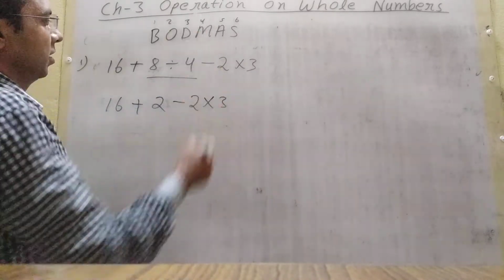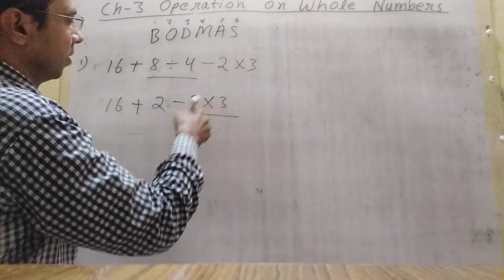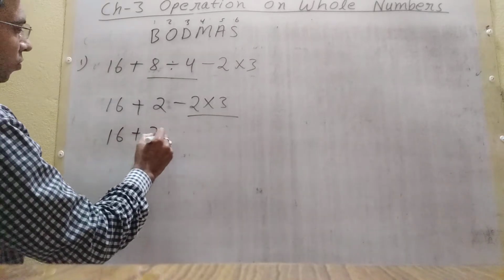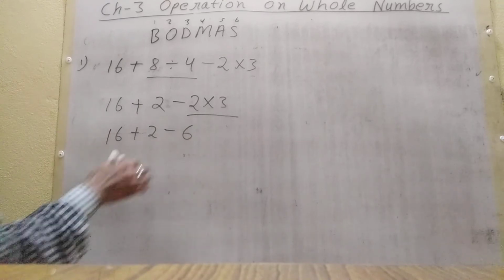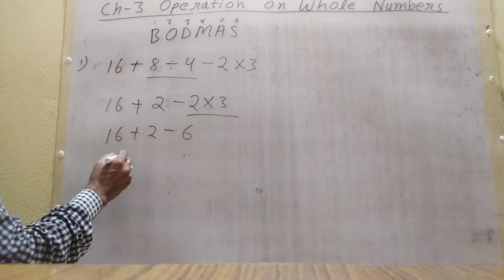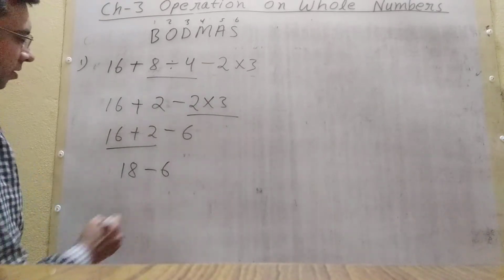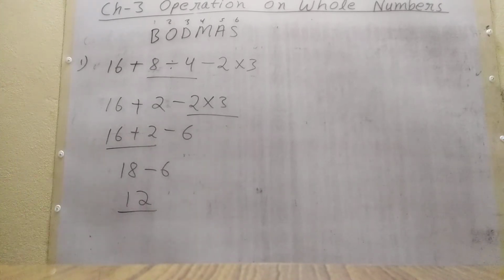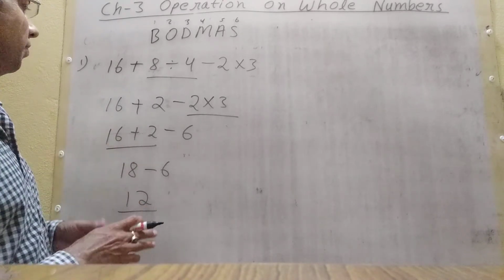After division, multiplication. 2 multiplied by 3 is 6. 16 plus 2 minus 6. After multiplication, addition. 16 plus 2 is 18, minus 6. So our answer is 12. So student, in this manner we solve the simplification sum.